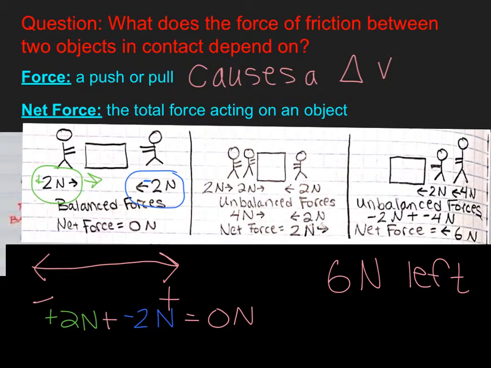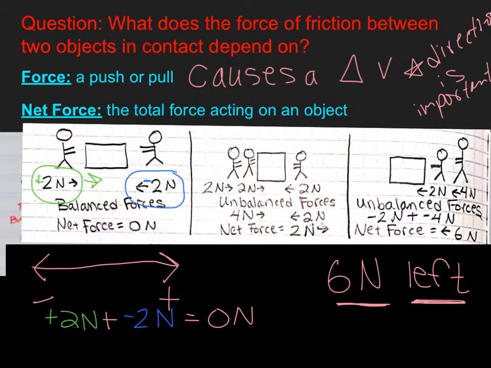That's fine too. But it is actually important to identify both the size, which is the 6 newtons, and the direction. We want to always have direction with a force. Direction is important. Okay.